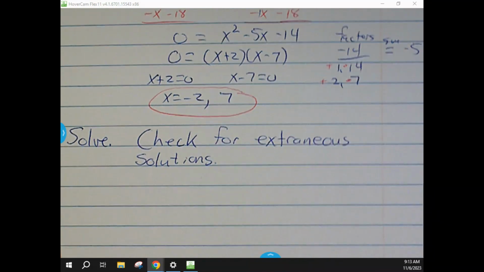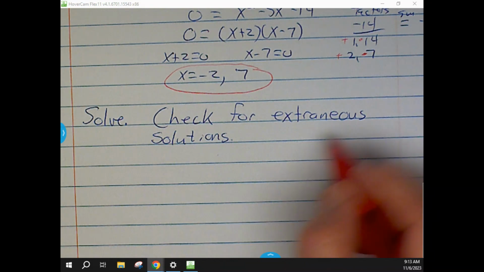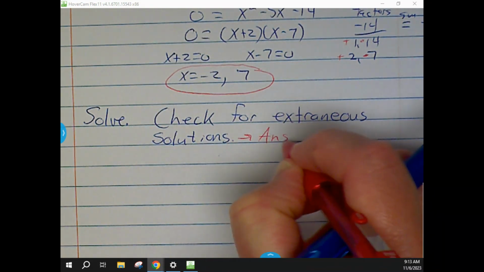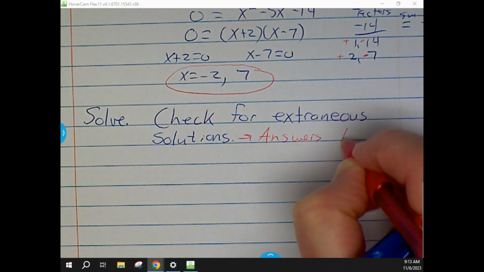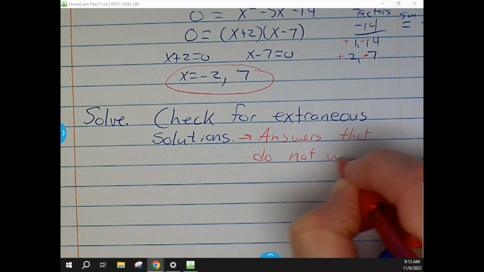Here's the big catch for this one. Whenever you see check for extraneous solutions, these are answers that do not work.